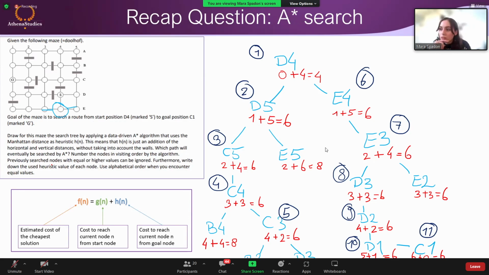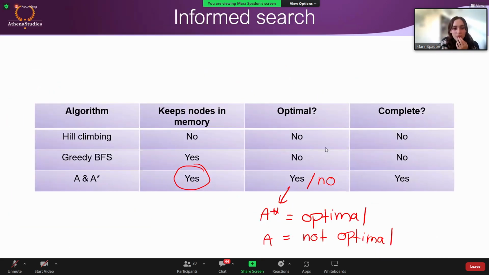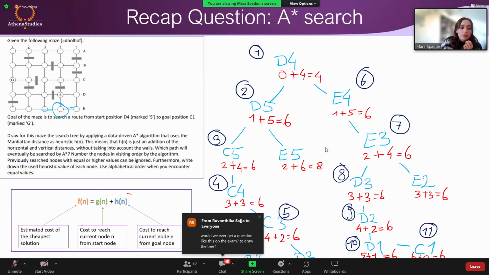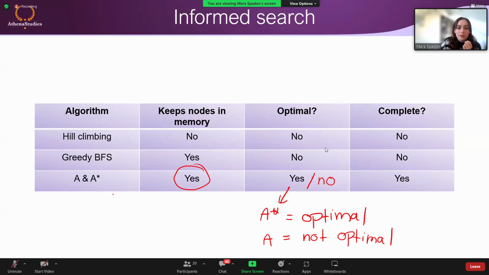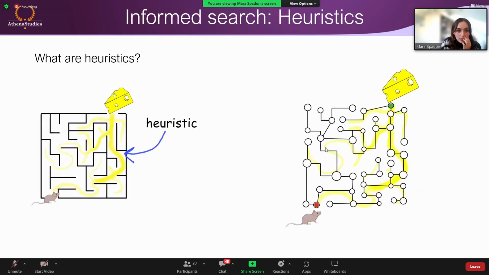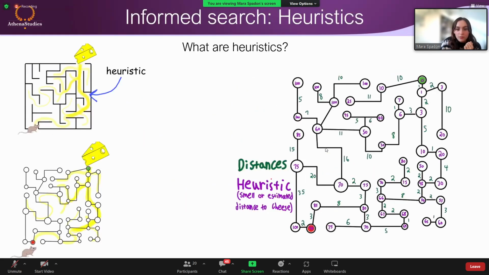What is the difference between greedy best first search and A star search? Okay, so greedy best first search is not optimal and also not complete because it's not using this heuristic formula. Basically, for greedy best first search, we only use our heuristic value, which could be the estimated distance, right?